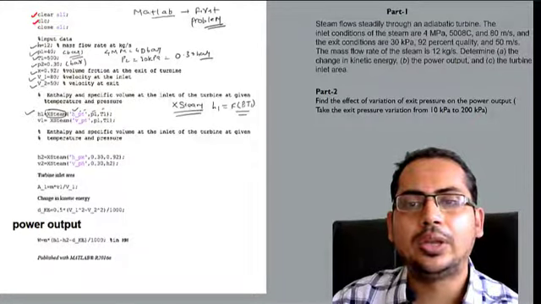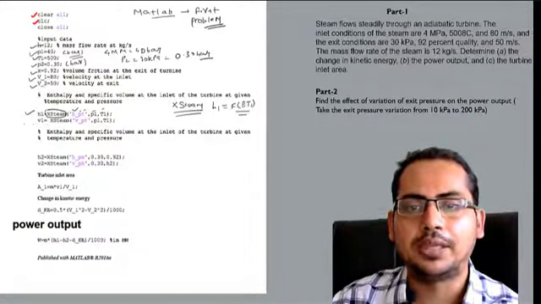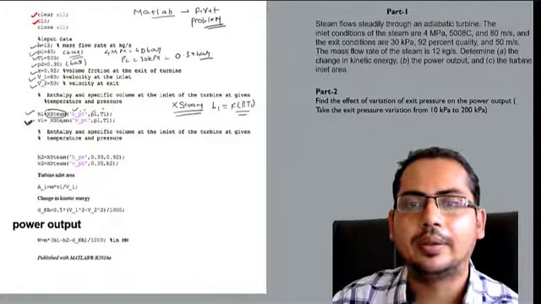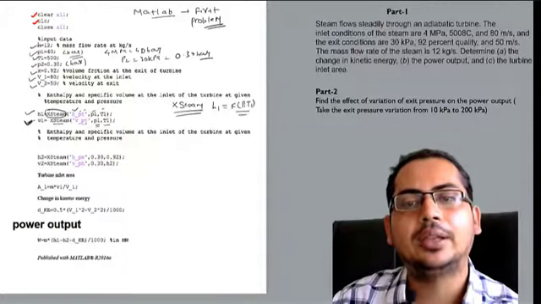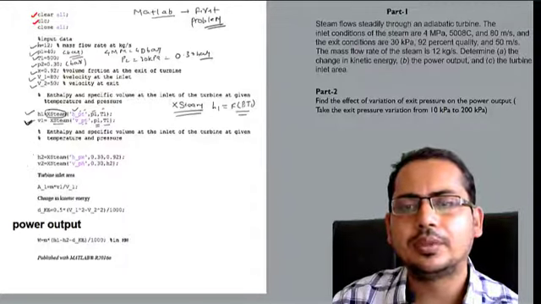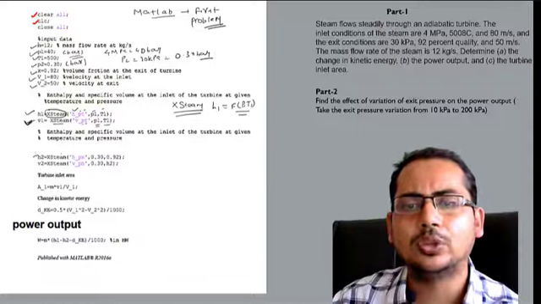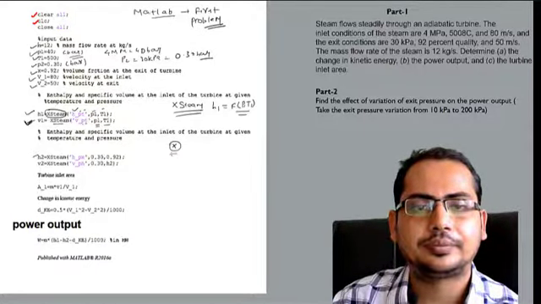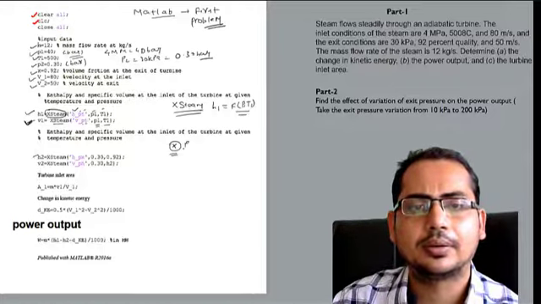Secondly, you need to calculate the specific volume. For specific volume the input parameters are again pressure and temperature, P1 and T1, and from that you get V1 also. Similarly, for H2 you need to specify the value of X and pressure.